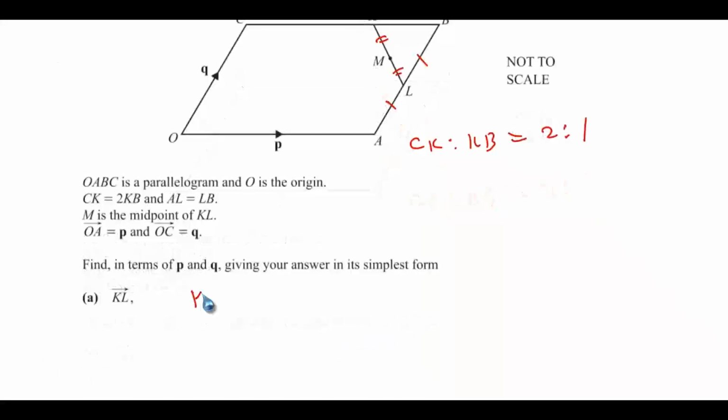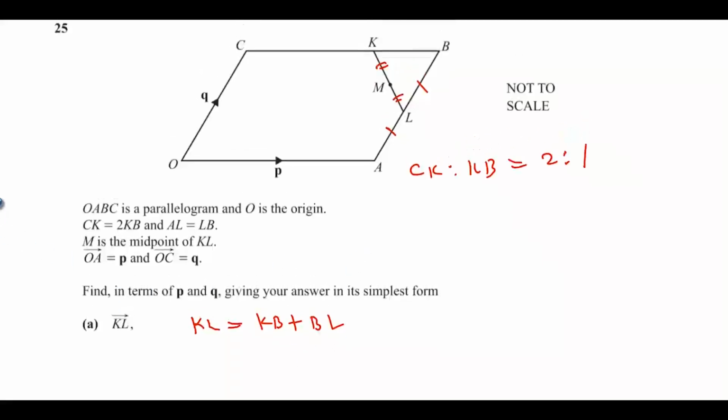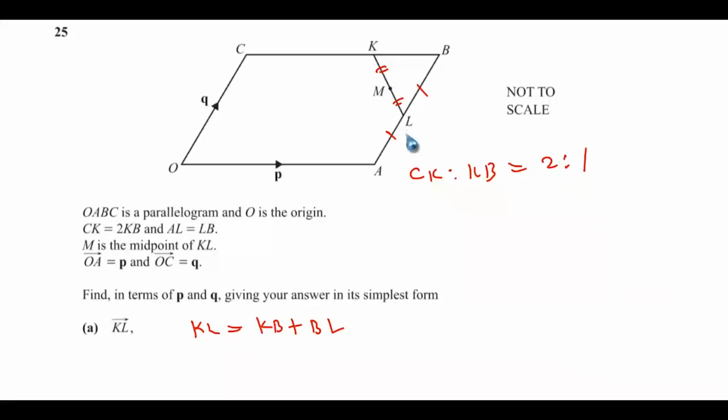Vector KL will be equal to KB plus BL. If you look at the diagram here, to get KL you need to move like this: KB plus BL. So we need to find these two vectors, vector KB and vector BL.